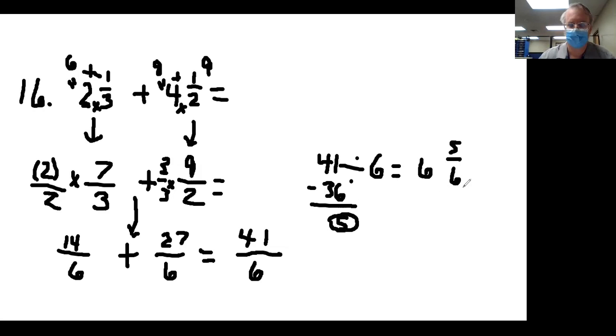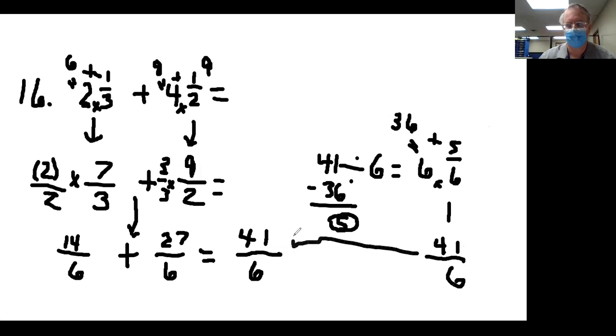And the 6 carries over. And you can check your answer by multiplying this number by this one, that's 36. 36 plus 5 would be 41 over 6, which is the same as this right here. So the answer would be 6 and 5/6. That's how you work this kind of problem. Lots of fun.